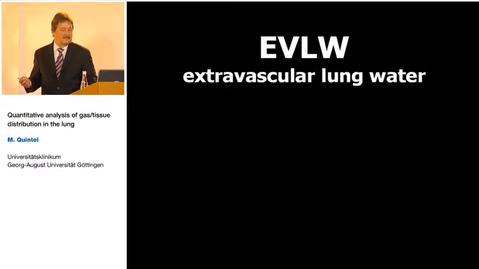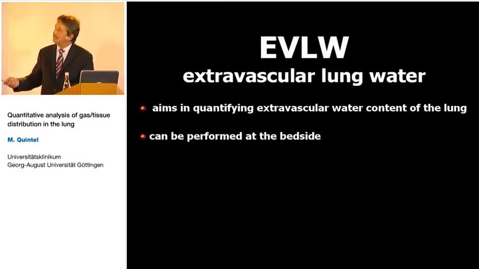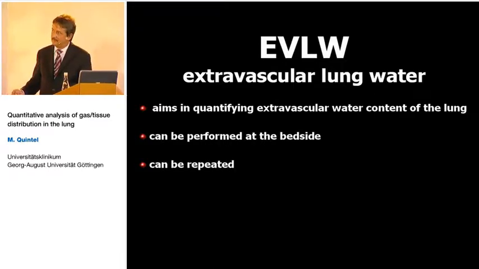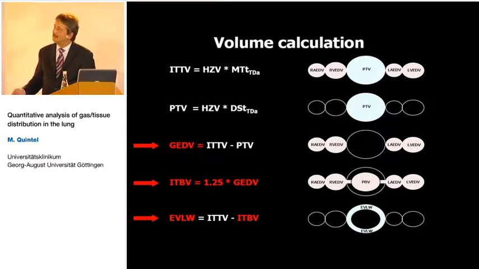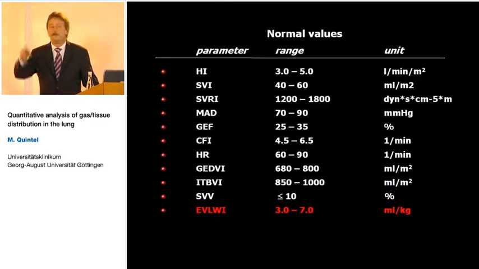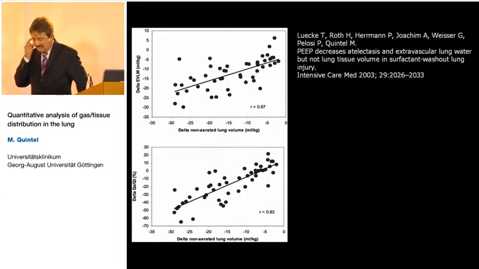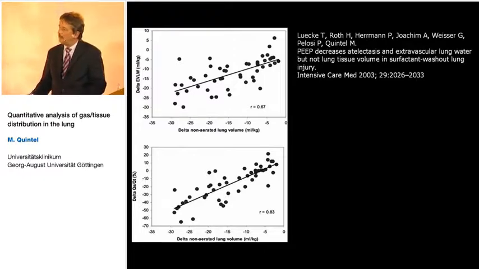And now to speak shortly about another technique, which is called extravascular lung water measurement. It aims at quantifying extravascular lung water, can be performed at the bedside, can be repeated, has quite low costs, and low distress for the patients. I don't want to go into details. We have some numbers which indicate more or less normal extravascular lung water, and we have done some studies in pigs looking at the changes of non-aerated lung volume and the reduction of shunt.